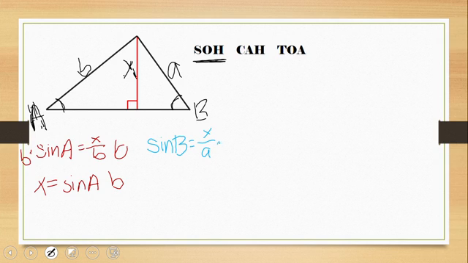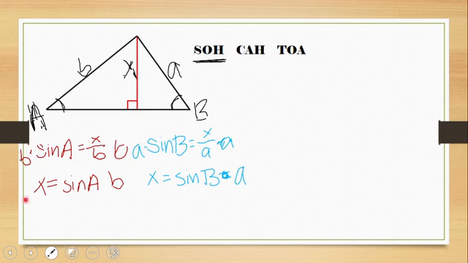To solve for x, we will multiply both sides by a, giving us x equals sine of angle B times a.